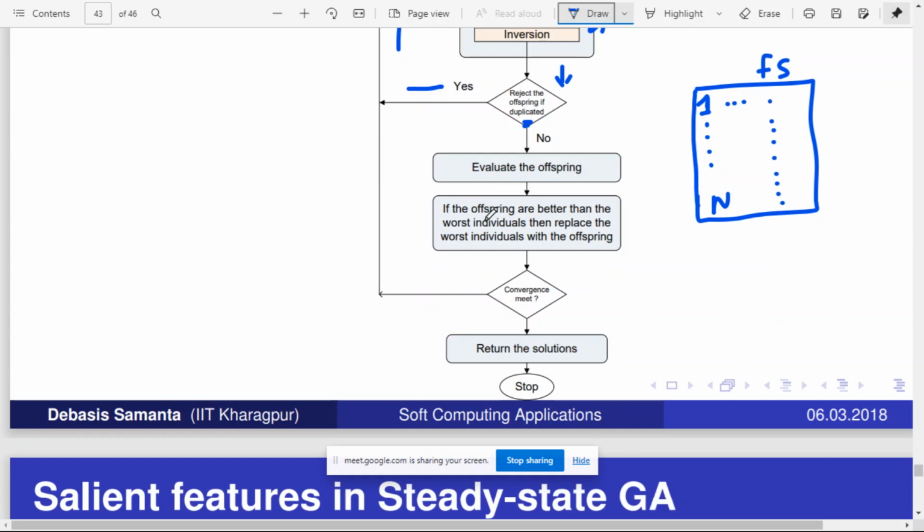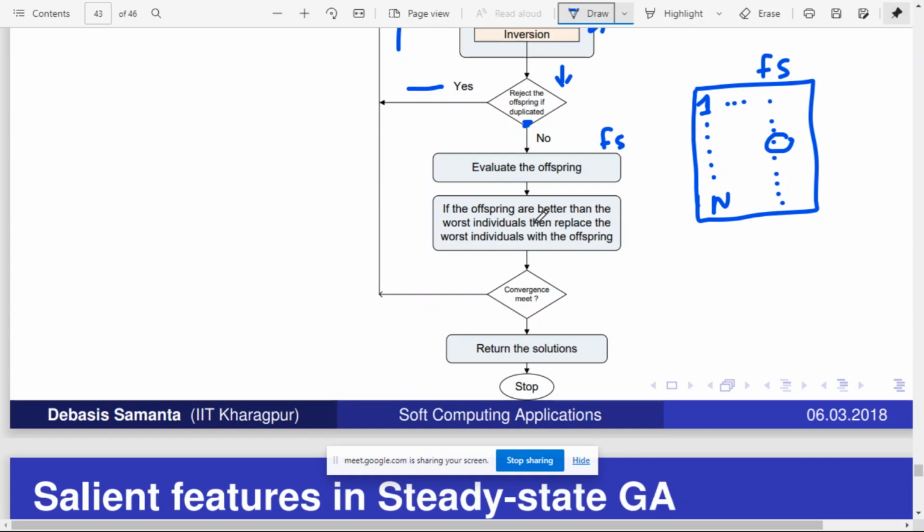Now you have created a new offspring, and for that new offspring you have also calculated the fitness score. Now you just see whether the new offspring's fitness score is better than the worst individual. Worst individual means the one with the least fitness score.